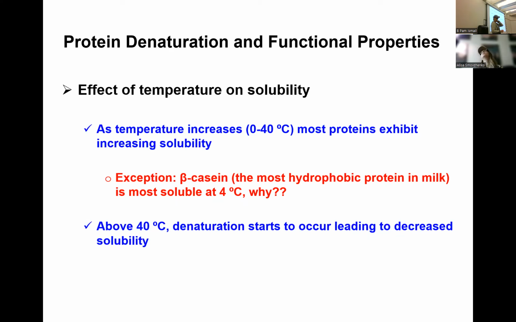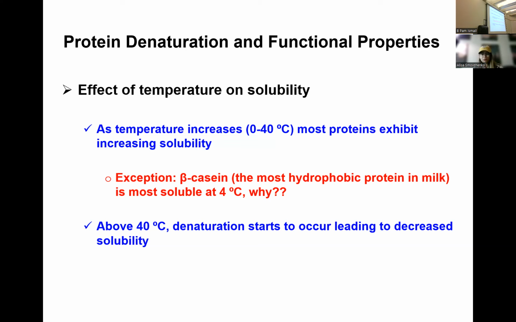Okay, so why do you think at refrigerated temperature, beta-casein is solubilized out? There is a hint in the question. What word do you think is the hint? Great, so you know the hint. Okay, so what happens to hydrophobic interaction at cold?